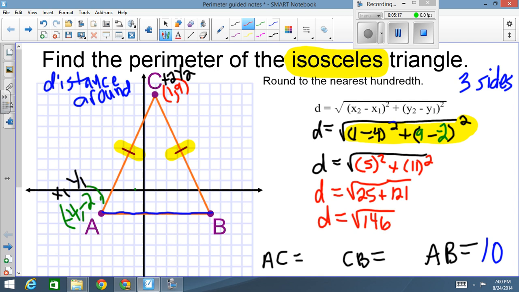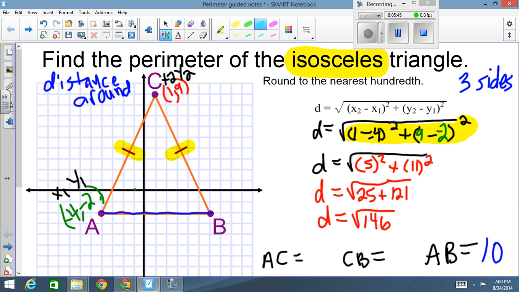Okay, here's the thing. I know that before we did our first quiz, I said, hey, I don't want decimals. I want you to go ahead and simplify that thing. You know, the square root of 146, that is something that we could simplify. But in this case, because we're looking to find the length around the triangle, we're not going to simplify that. So you kind of get the easy way out on this one.